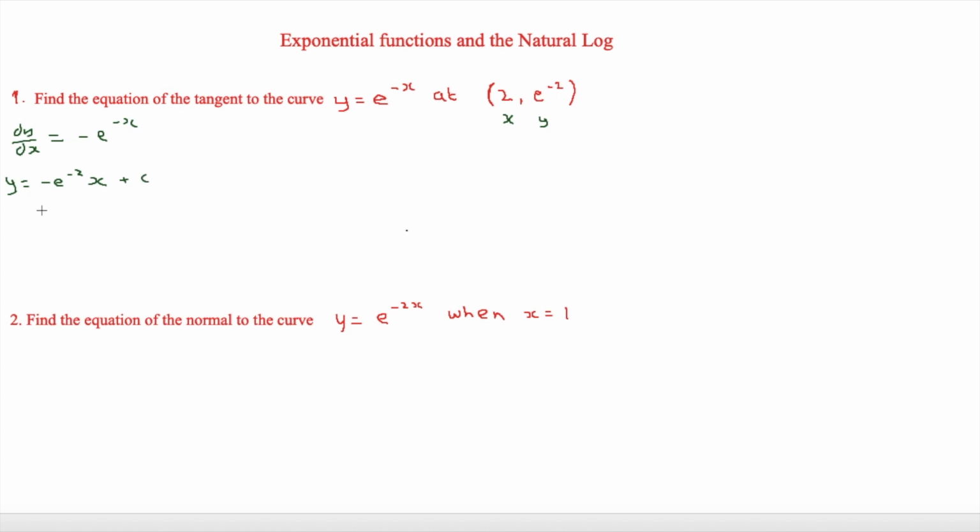Now we'll sub back in the x's and the y's. So the y is equal to e to the minus 2 is equal to minus e to the minus 2, and that's times by 2 plus c.